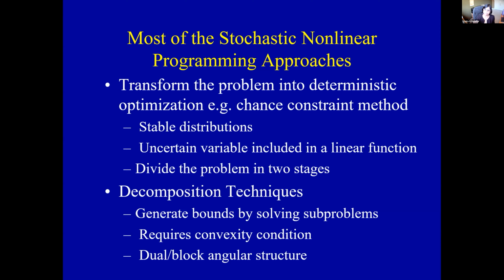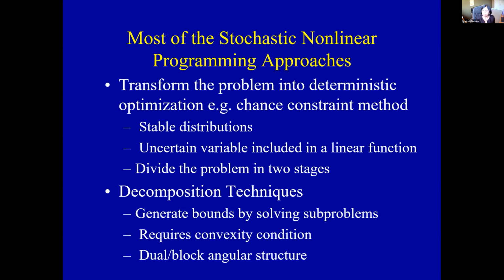But chance constraint has limitations because it assumes stable distributions, and the uncertain variable has to be included in a linear function. It also divides the problem into stages. This cannot be applied to the large scale problem I'm going to talk about, because there is no linear function, and the distributions of uncertainty may not be stable.